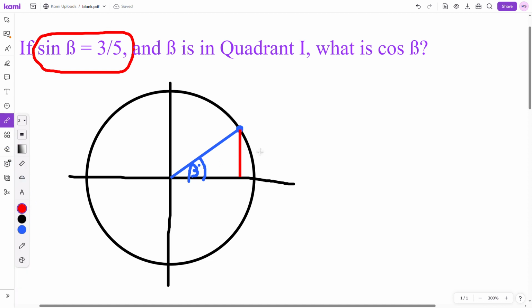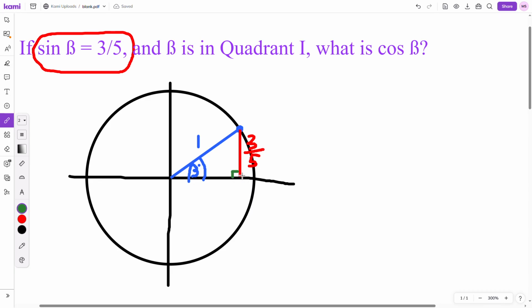I thought about doing a separate triangle where the opposite side is 3 and the hypotenuse is 5, and I've done that in the past. But for simplicity's sake and for teaching, this method makes more sense. It's more straightforward. So this is 3/5, and I also remember that this is a unit circle.